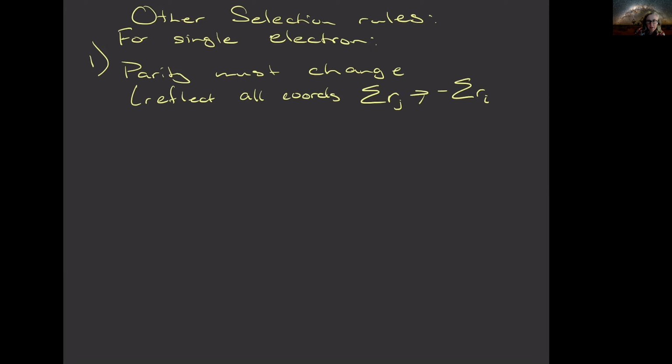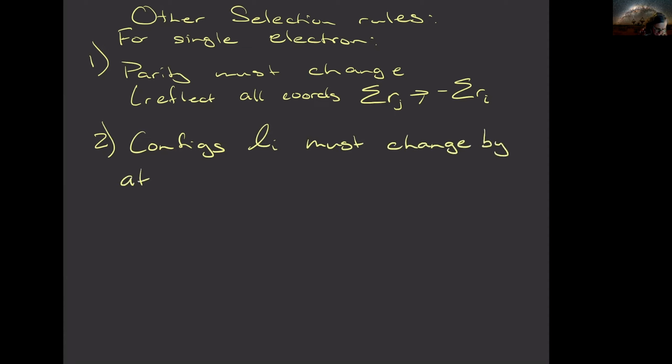And that would mean that you would no longer have a dipole term. So we do require that we have parity changing for our electrons. The configurations of L must change by at least one orbital.